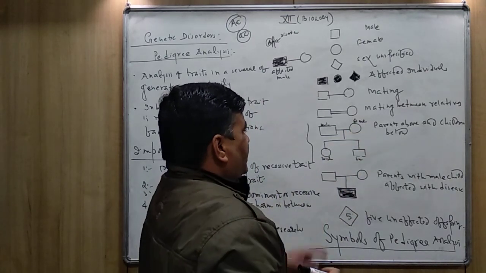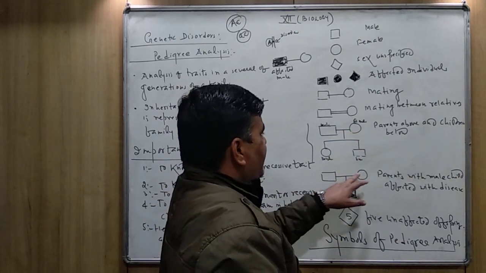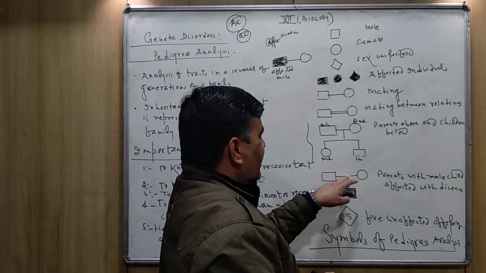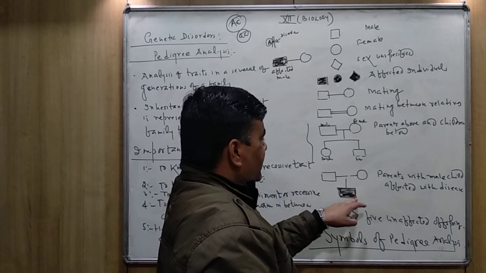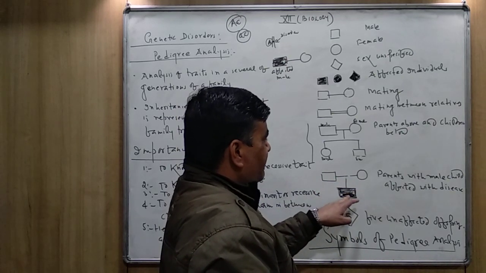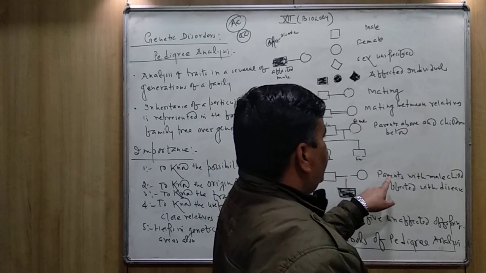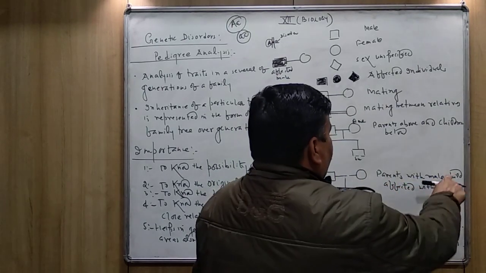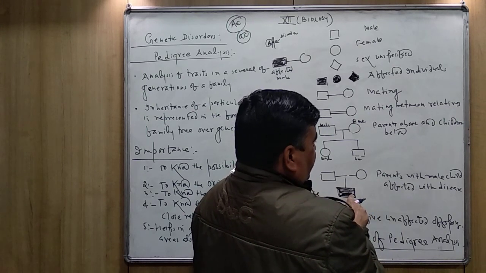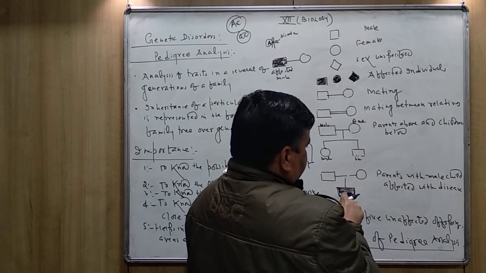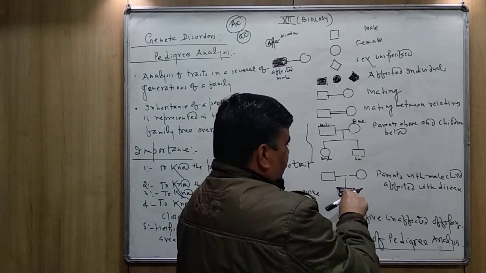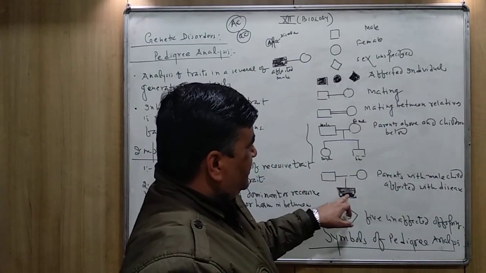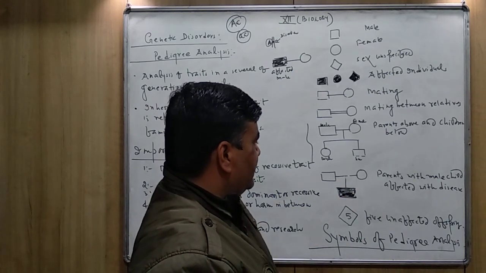This is also parents above, male and female, mating takes place and they produce the offspring, a son who is affected. So here I have written parents with male child affected with the disease, meaning the darkened symbol shows the disorder, the affected child.